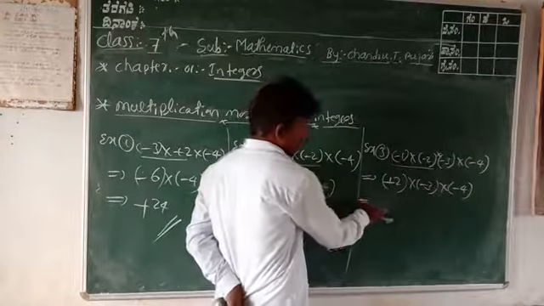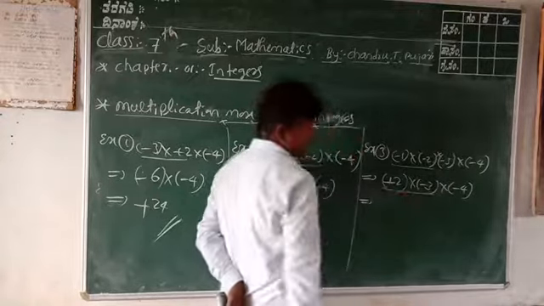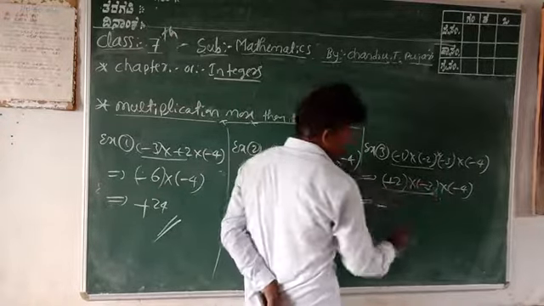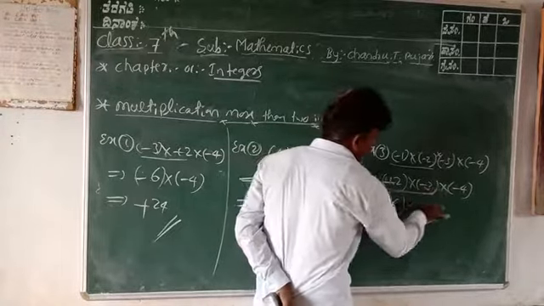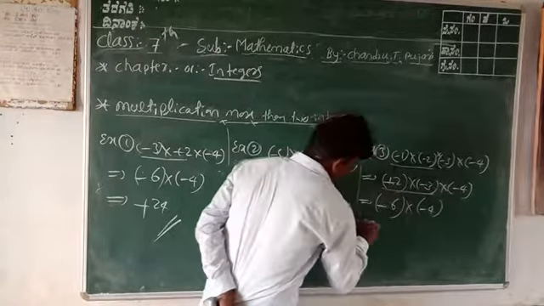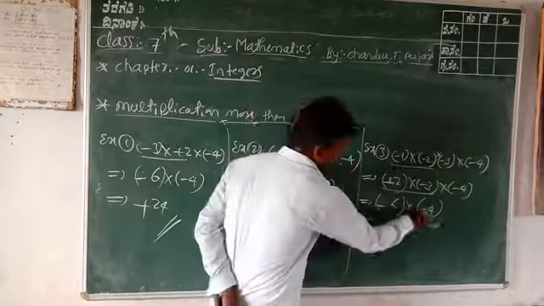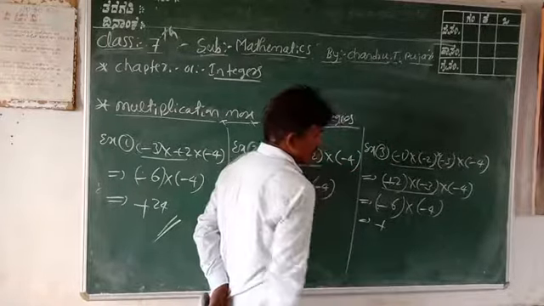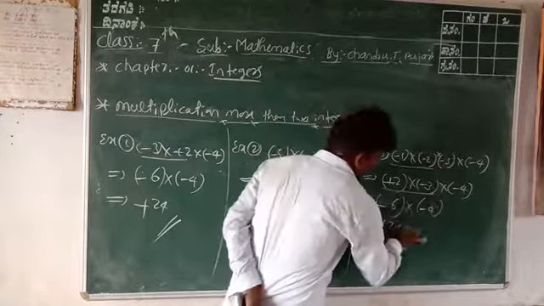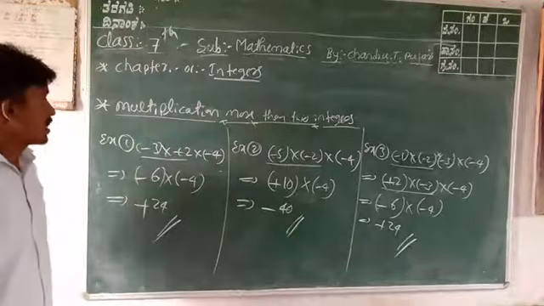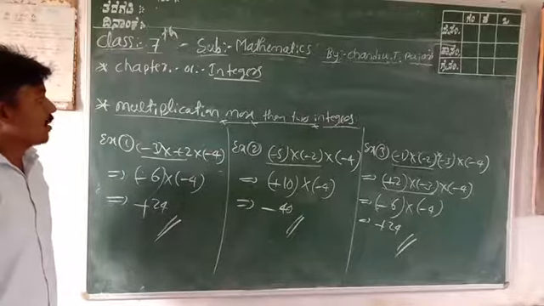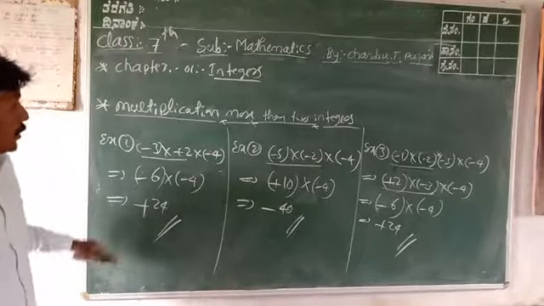Next, again do 2 integers: plus into minus is minus, 2 3s are 6, into minus 4. The next one, minus into minus is plus, therefore 6 4s are 24. That is your answer. You can do these examples yourself, multiplication of more than 2 integers.